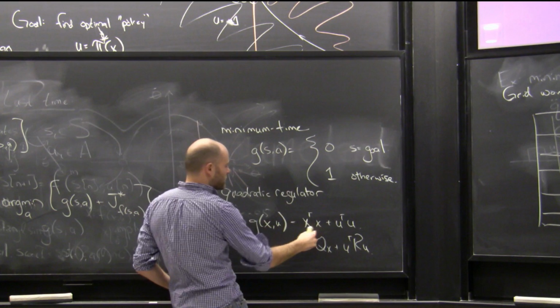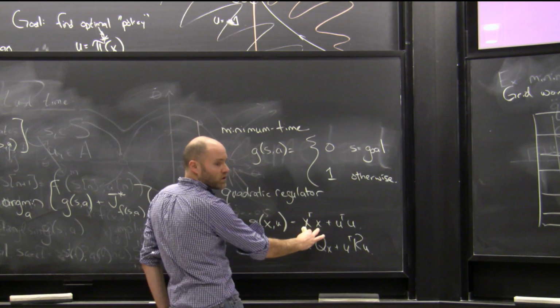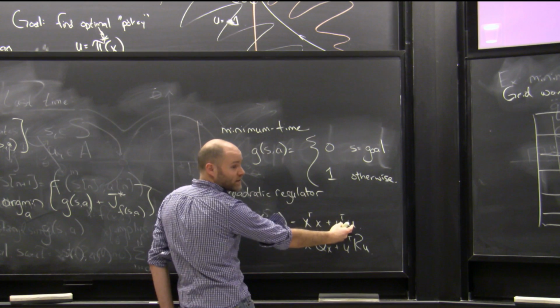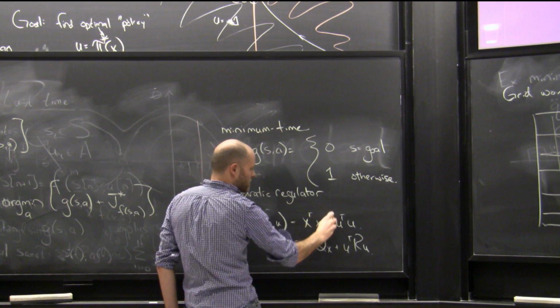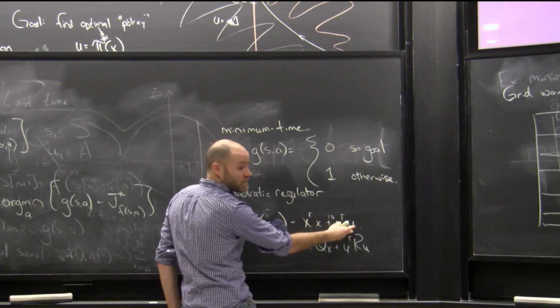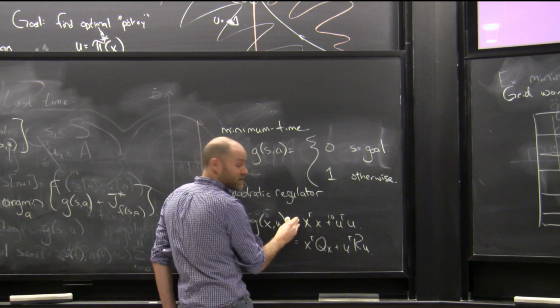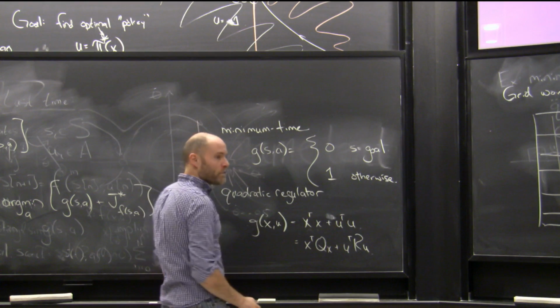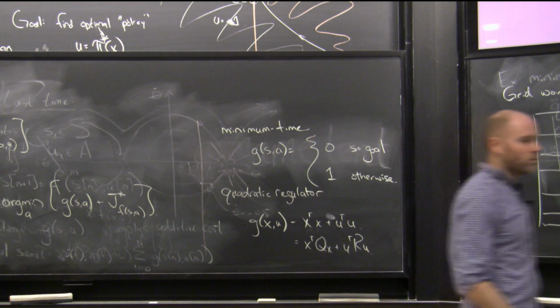It says, all things equal, I like being at 0, but be gentle getting there. If I make this 10 times this, then it'll be a little bit more gentle. If I made this 10 times bigger than that, then it would be more aggressive in getting there. This would be a smoother version of the same problem.